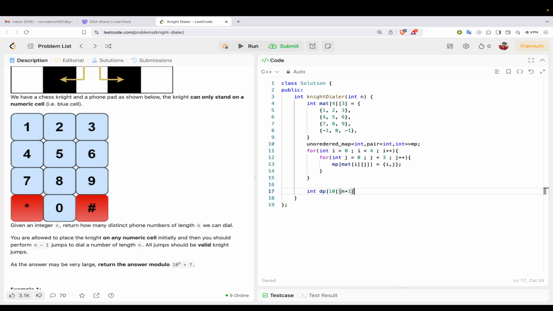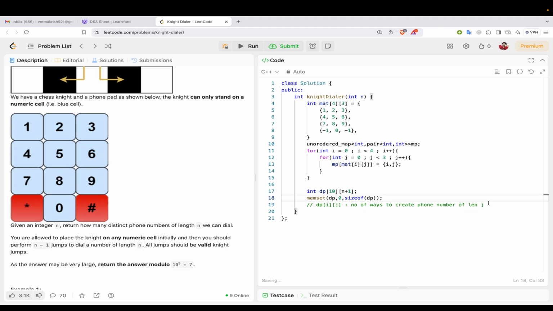Now for our definition of state, we will reset our DP to 0 with the size of DP. Let me write the definition of this DP also: DP of i, j is the number of ways to create a phone number of length j.